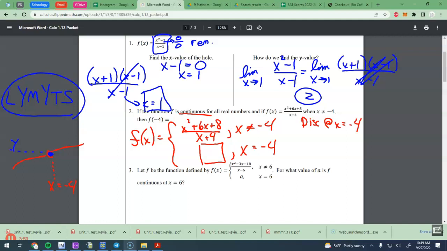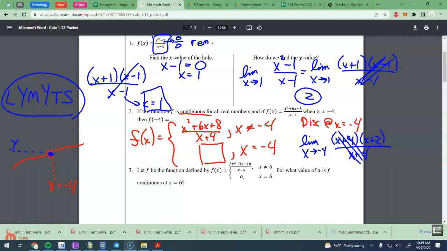Limits. So my job is to find the limit as x approaches what? Negative 4, because that's the discontinuity of that function. I'm just going to factor it as I'm writing it. Is that okay? You guys see what I'm doing there? And then those will cancel.